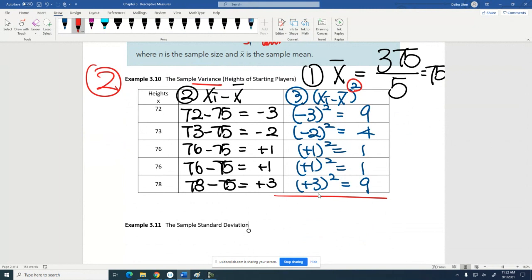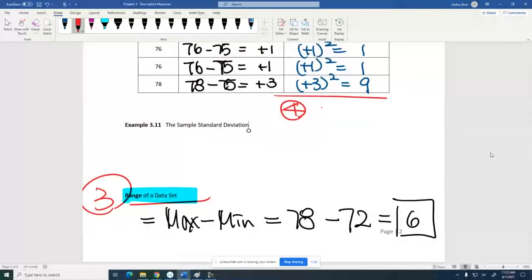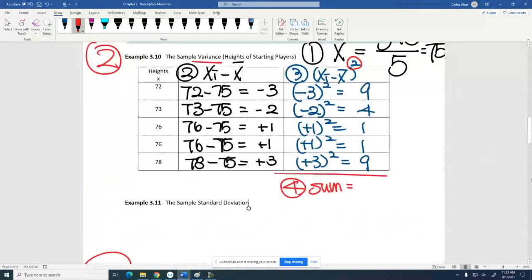So that is the step number 3. How many steps? 6 steps. 3 more steps, right? The step 4, we take the sum. So take the sum. This is a 9, 4, 1, 1, and 9. How much will be the sum? 24.